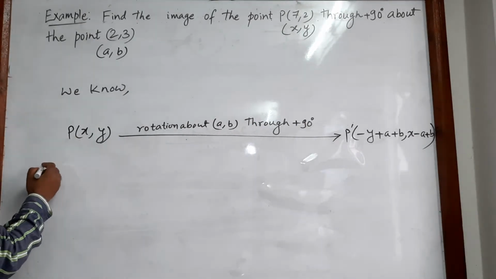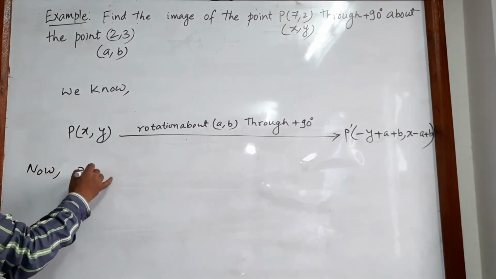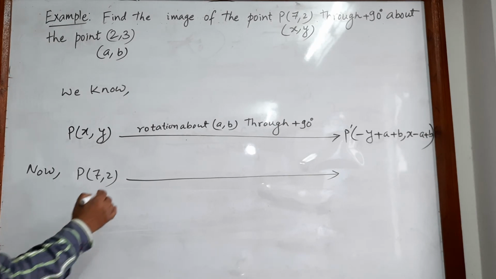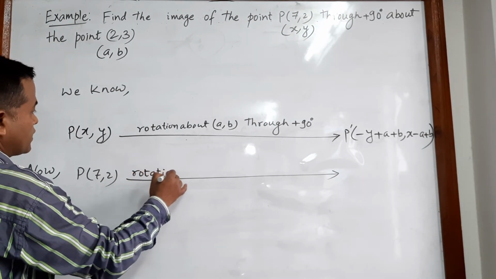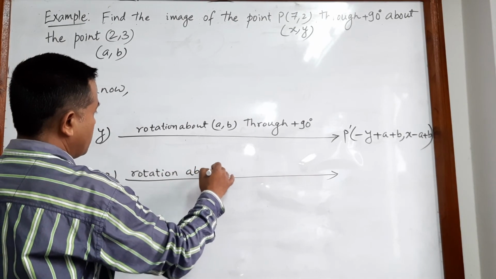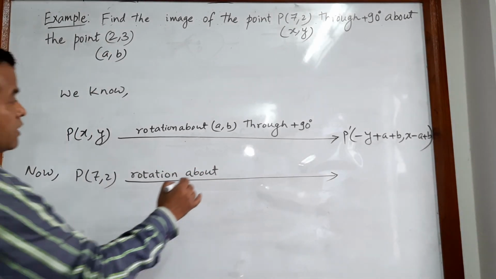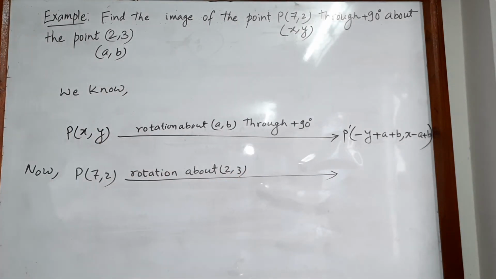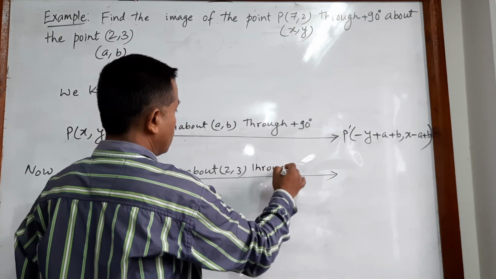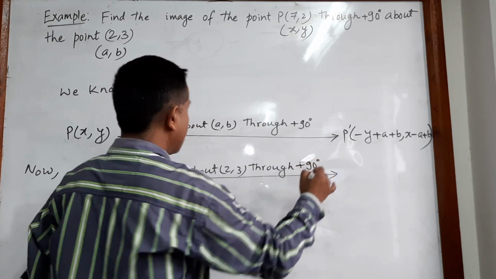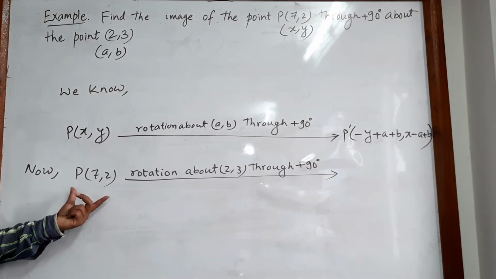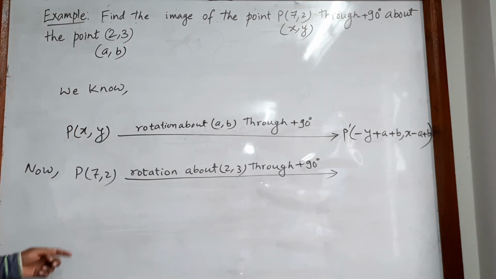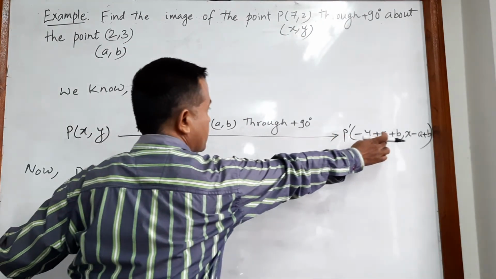Now P(7, 2) is rotated about center AB, which is (2, 3), through positive 90 degrees, which means anti-clockwise direction, and our formula is minus y plus a plus b.